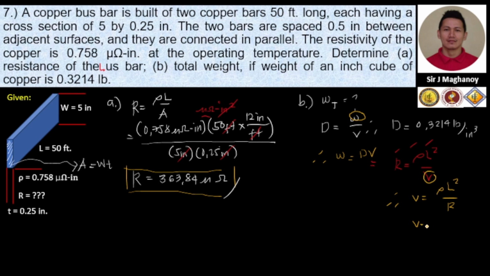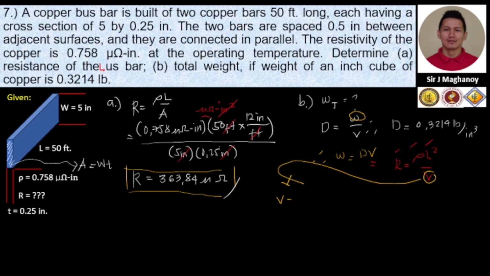So we have the value of our resistivity, 0.758 micro-ohm inch and the length of 50 feet. So, volume muna tayo.